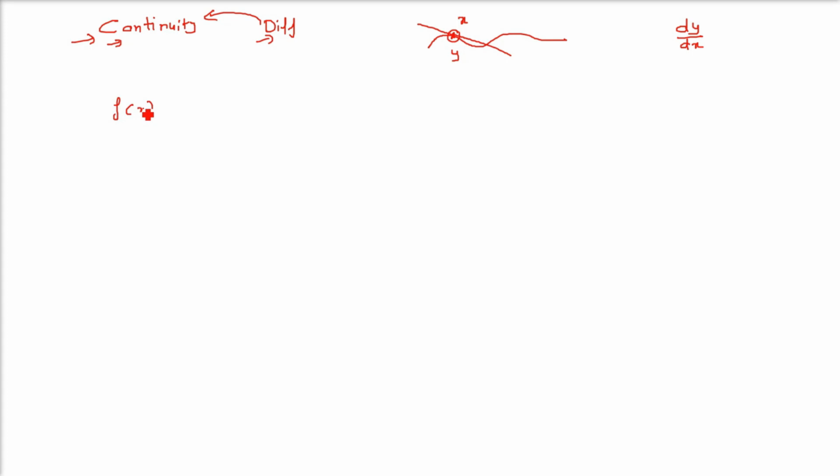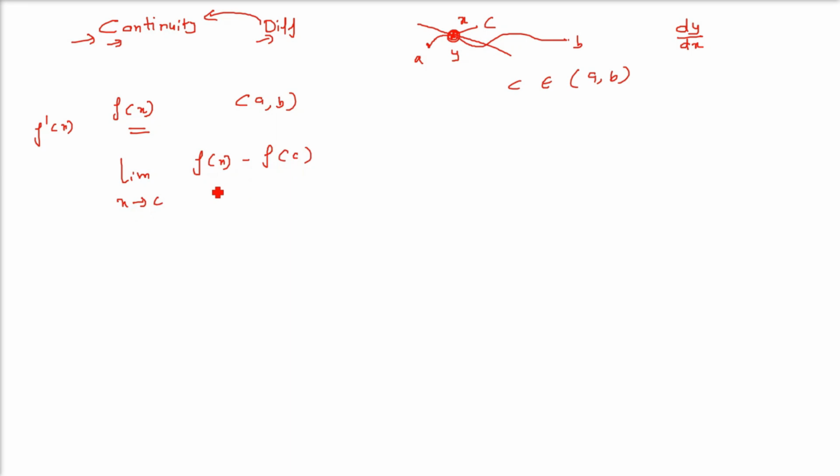So if f(x) is a real valued function defined in an open interval (a, b), and we take any point c, and we are interested in finding out whether the function is differentiable at this point c, where c belongs to (a, b). Then the derivative f'(x) will exist if the limit as x tends to c of (f(x) minus f(c)) divided by (x minus c) is finite, that is, it exists.